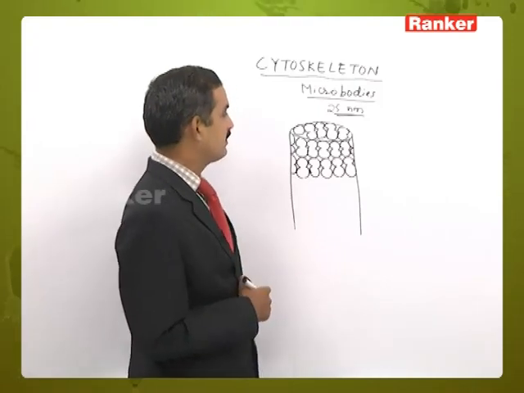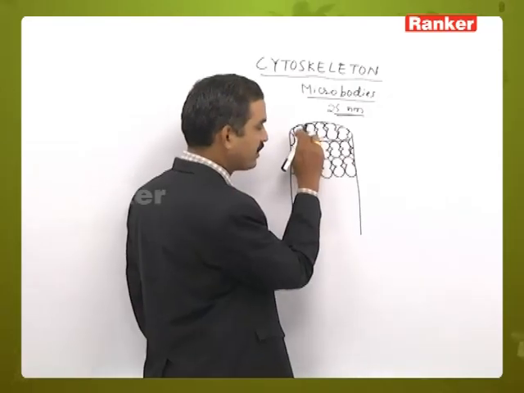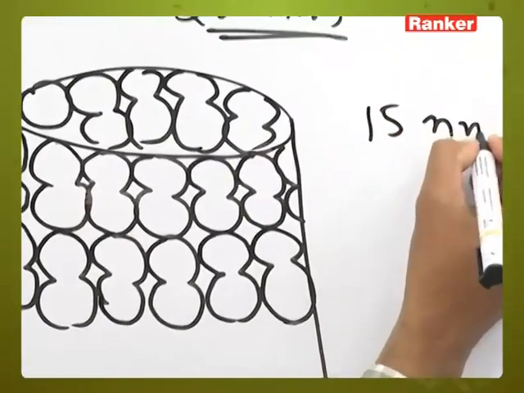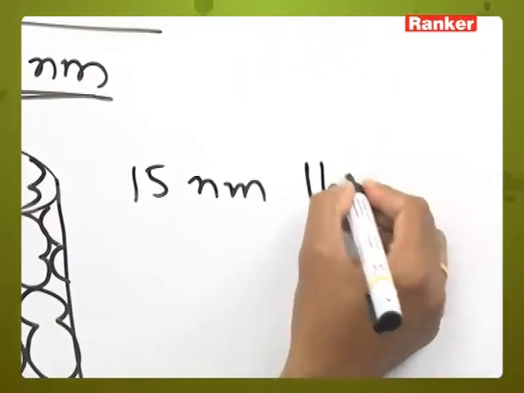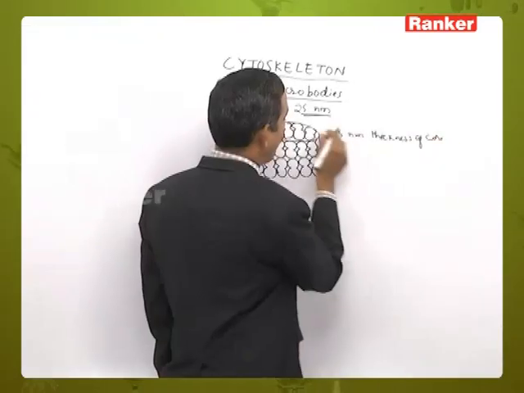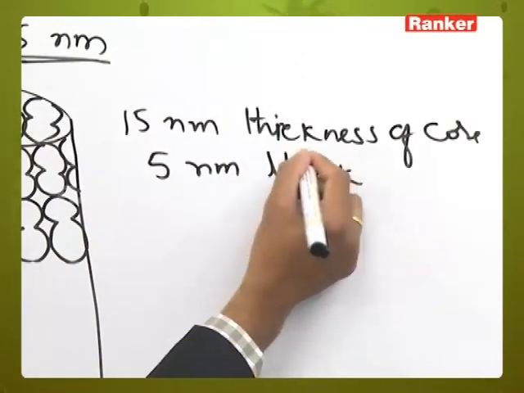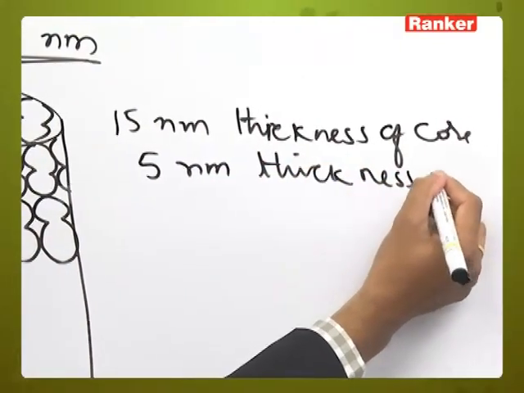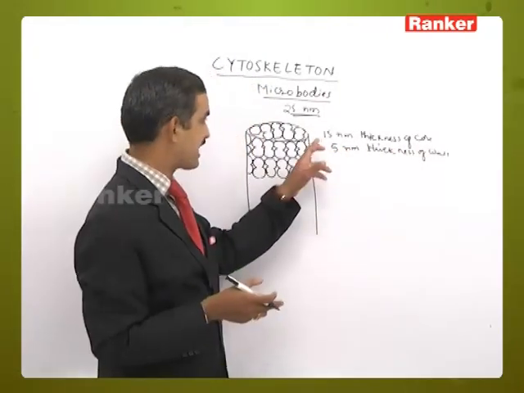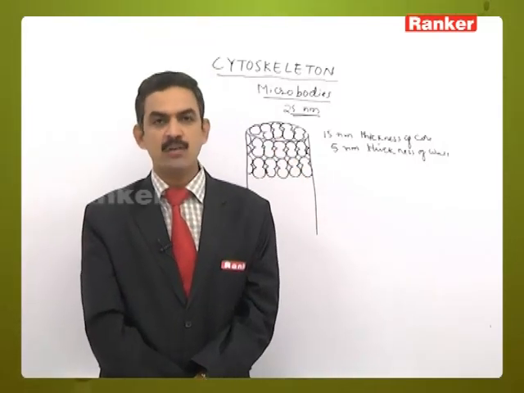The total thickness of the microtubule will be 25 nanometers, in which the middle core region will be 15 nanometers in thickness, and the wall thickness will be 5 nanometers on both sides. So the walls on both sides, 5 plus 5, that is 10 nanometers, and the core is 15, coming to a total thickness of 25 nanometers.